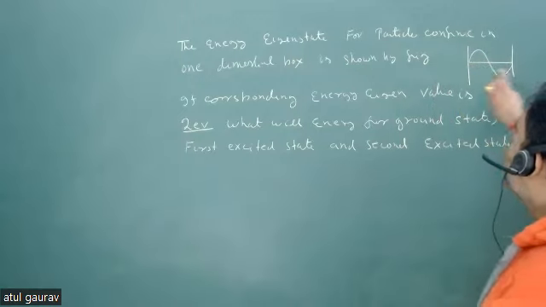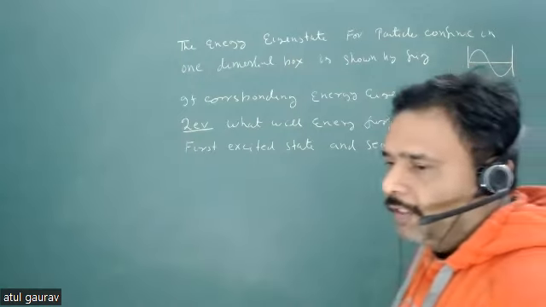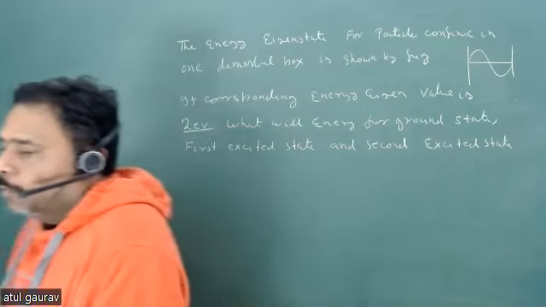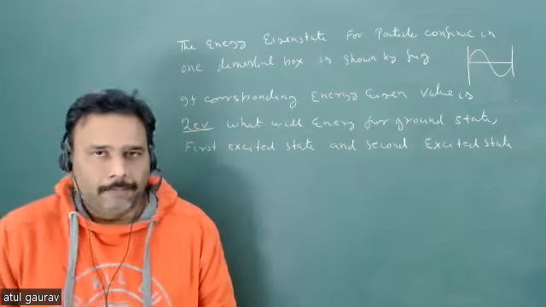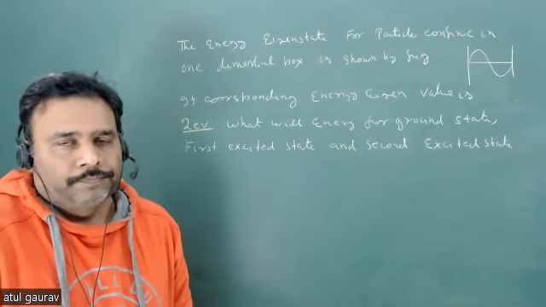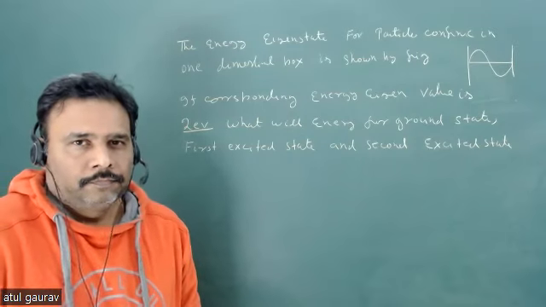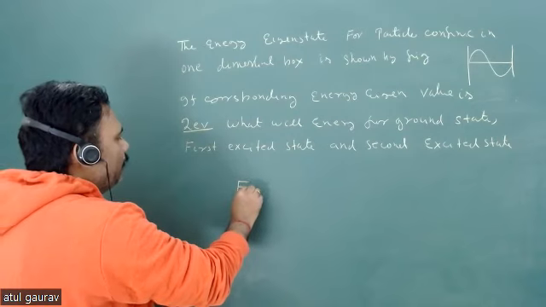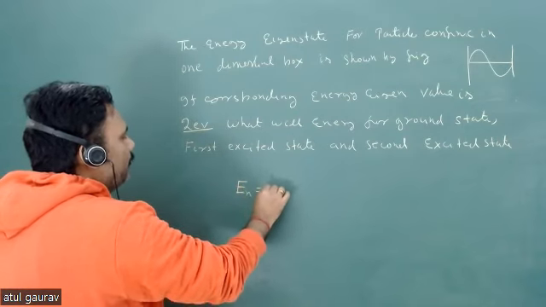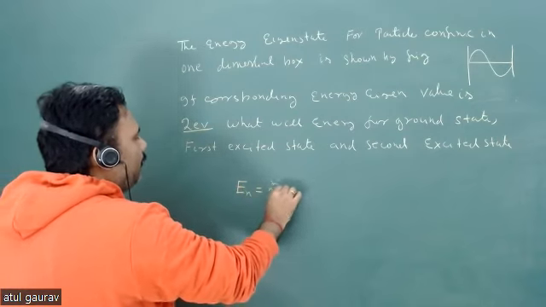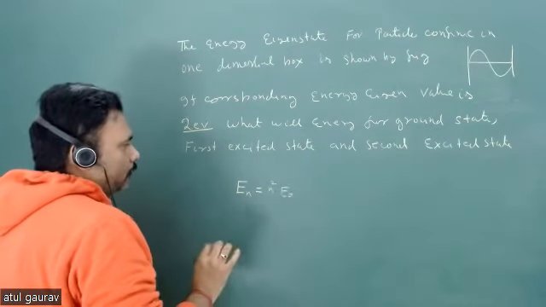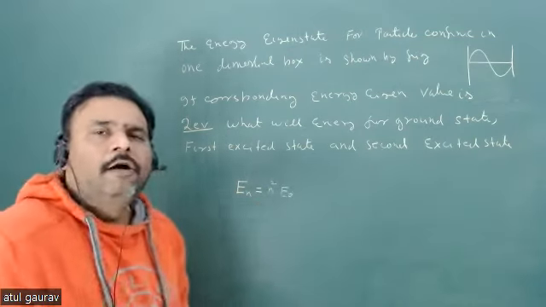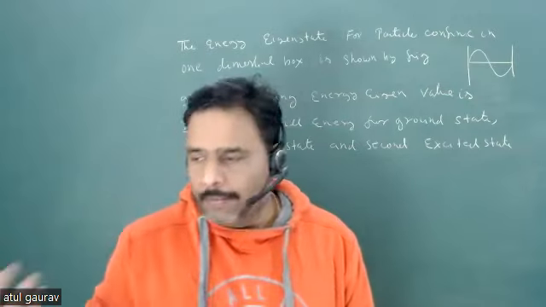Now if you look at this figure very carefully, what will be the possible value of n? Because you have to calculate the energy eigenvalue, and the energy eigenvalue is En equal to n square E naught, with n = 1, 2, 3. And what is E naught? E naught depends on the mass and parameter of the box.